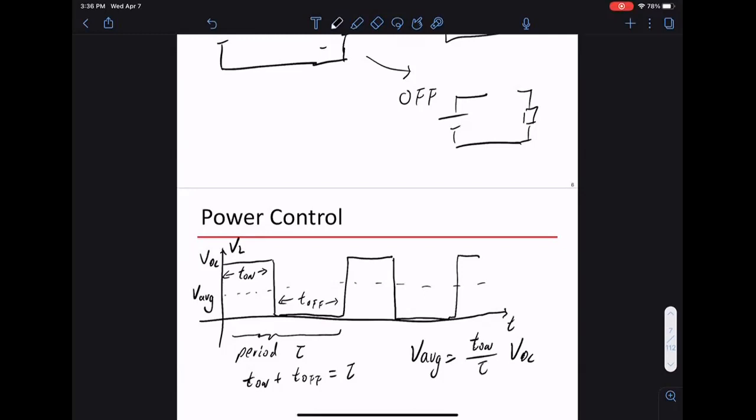So if I'm on 40% of the time, I get 0.4 of the DC voltage. If I'm on 80% of the time, I get 80% of the DC voltage. So it is pretty easy to change the voltage.